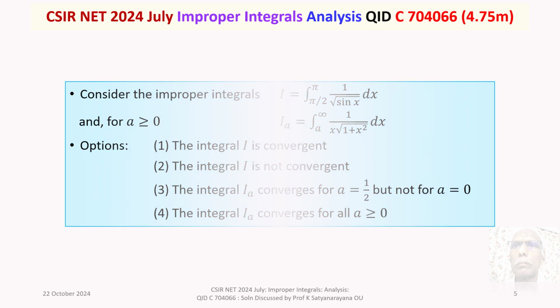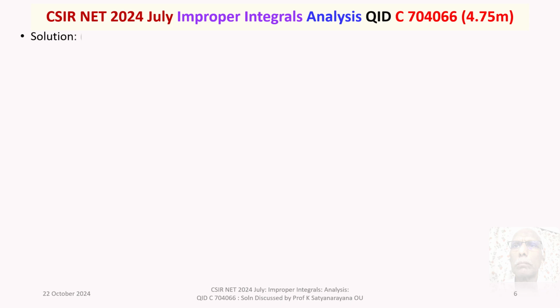Let's now discuss the solution of the problem in detail. We first consider the first improper integral I, that is equal to the integral from pi by 2 to pi of 1 by root of sin x dx. Now, look at the integral. The interval is finite, that means a bounded interval.